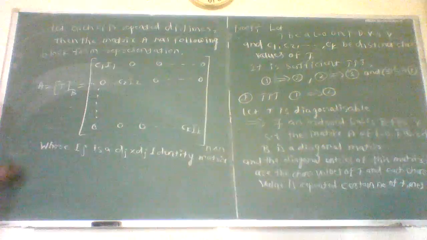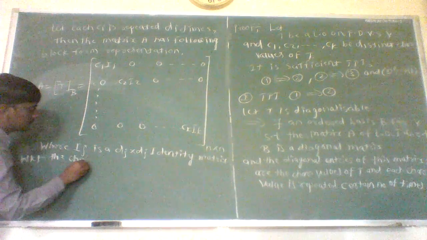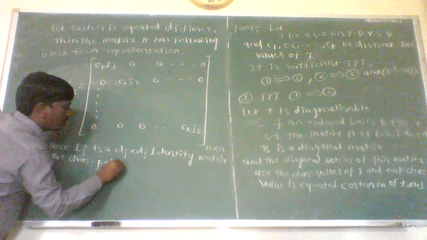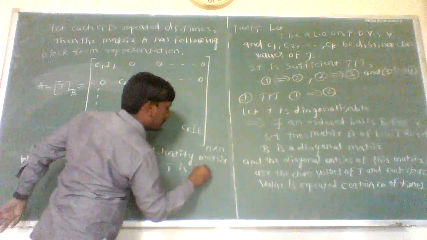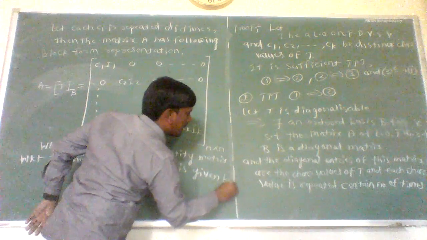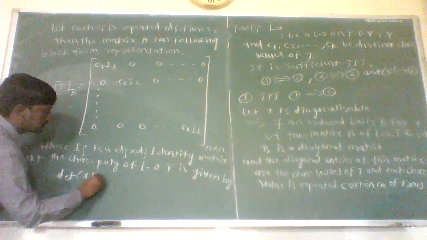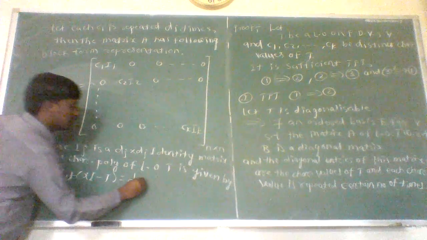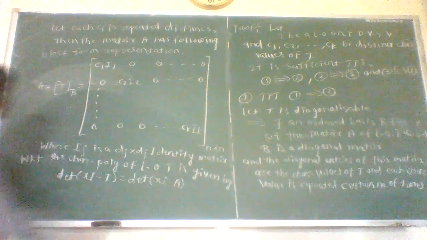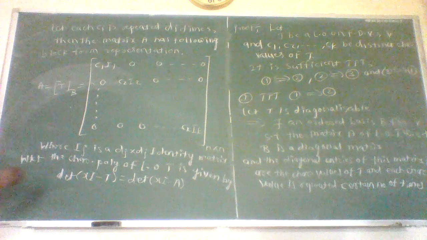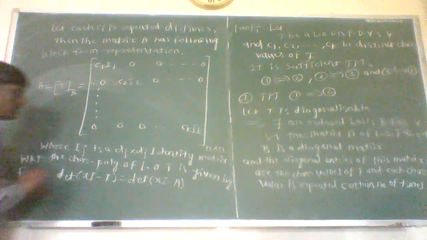Now we know that the characteristic polynomial of the linear operator T is given by the determinant of xI minus T, which is the determinant of xI minus the matrix A. We denote the characteristic polynomial by f of x.